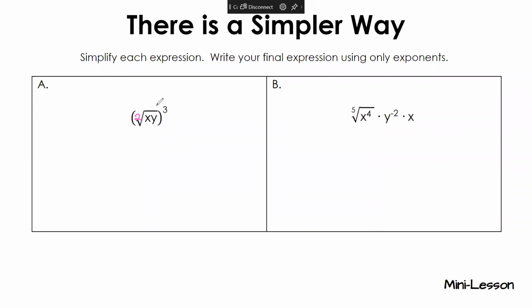Okay, so if I want to rewrite this as an exponent, I'm going to write xy, and I'm going to raise it to the 3/2. This is actually saying, hey, take x, raise it to the 3/2 power. Take y, raise it to the 3/2 power. So this also could be written out as x to the 3/2, y to the 3/2.